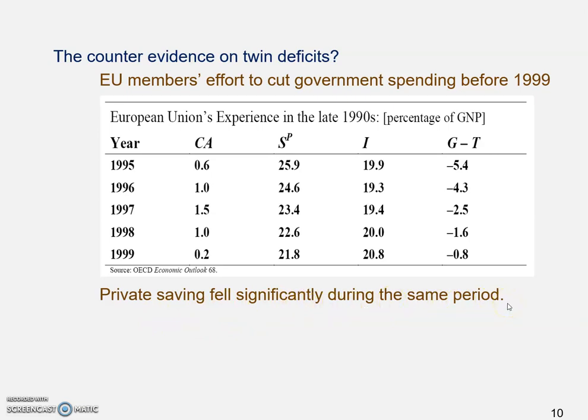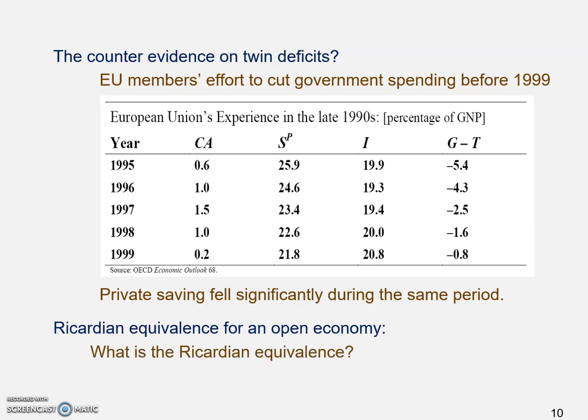Now, how could we make sense of this? Why did the private saving respond to the decline in the government budget deficit? Here we're going to introduce an economic concept called Ricardian equivalence, and we're going to talk about it for an open economy.